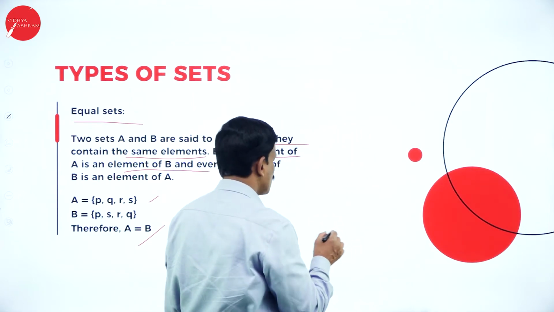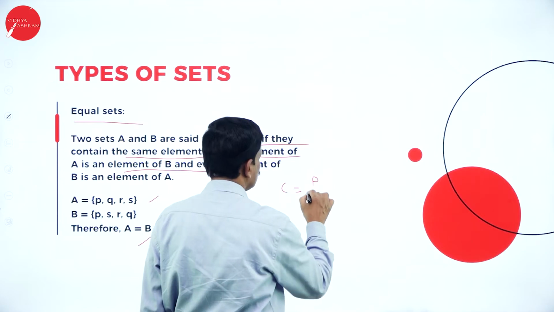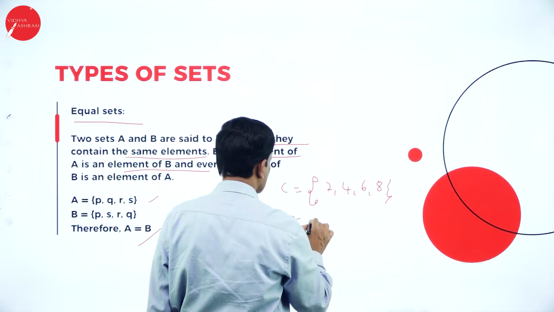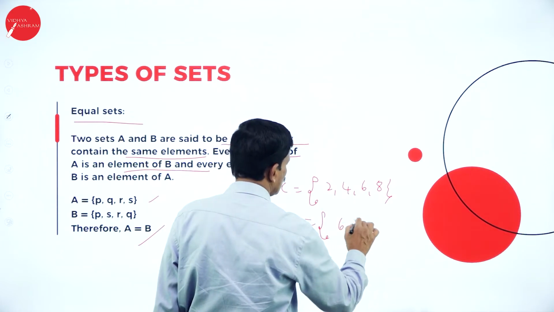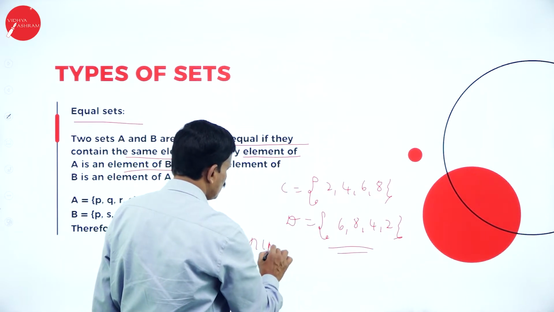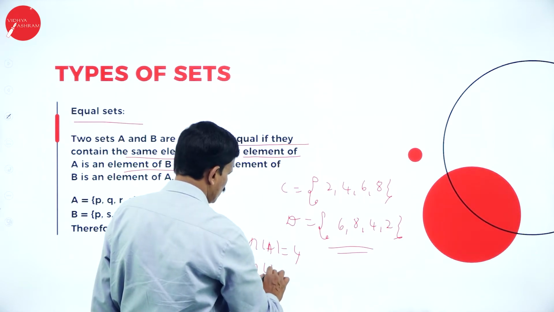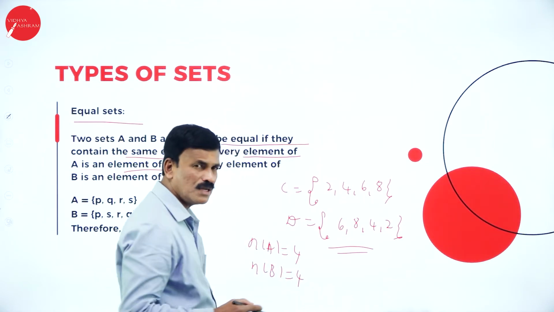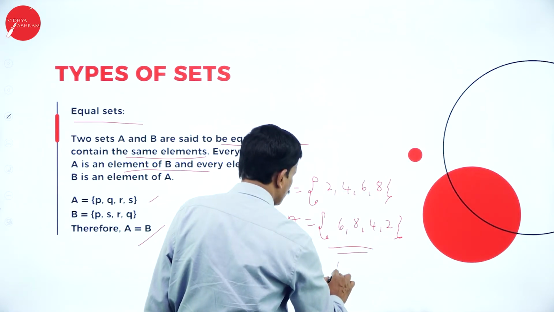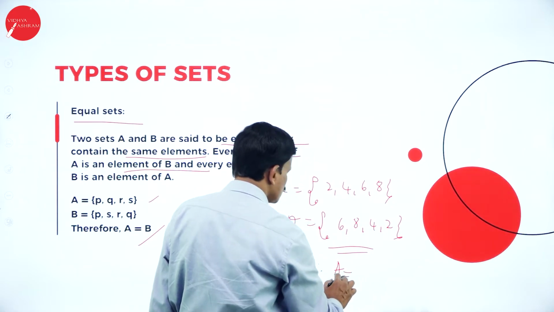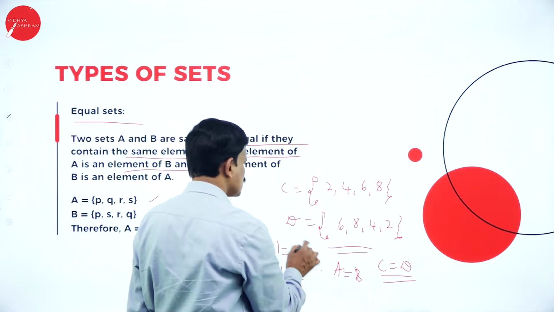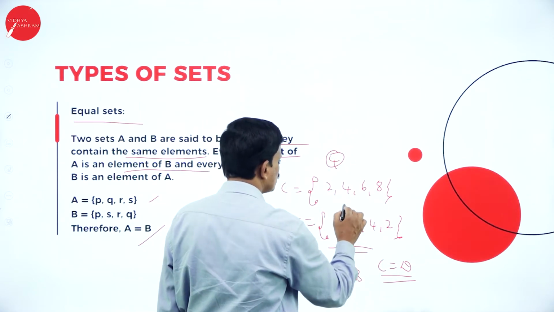Let us take one more example. If I take C = {2, 4, 6, 8} and another set D = {6, 8, 4, 2}. This is also an equal set because the number of elements in set C is 4 and the number of elements in set D is 4.